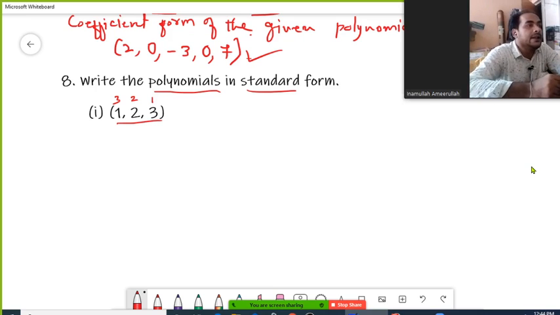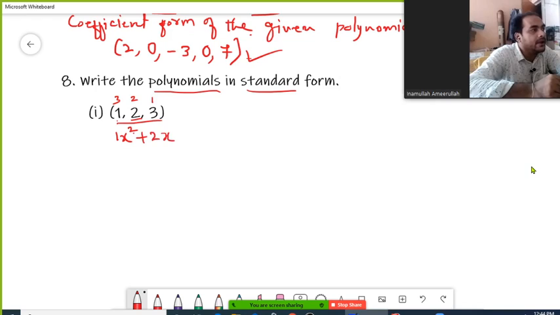So any variable you can consider. Here we have 1. So you can say 1 into x. This is the variable which I am considering. As I told you, highest degree should be 2 for this question, because there are 3 coefficients. So here we will take 1x raised to 2. Then this is plus 2. So I'll take plus 2 into x.